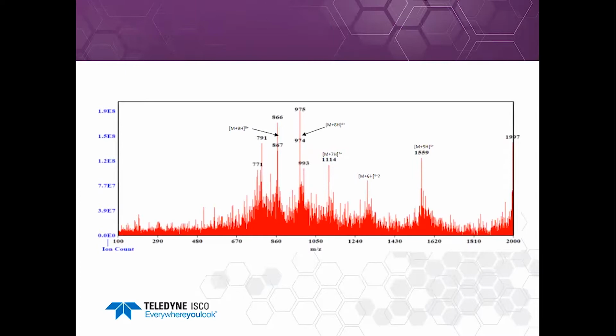What we see is the M+5H, the M+6H, the M+7H, M+8H, and even the M+9H is visible. It makes a fairly unique pattern, and the M+8H is the most abundant ion, and so it forms the base peak at 975 Daltons. What you are looking at is the crude peptide before purification, but even so, we could still see it.